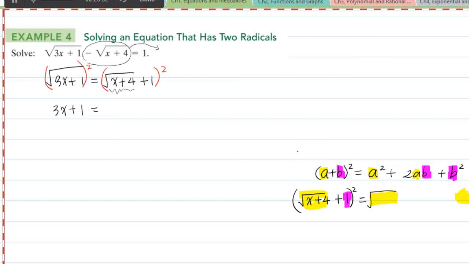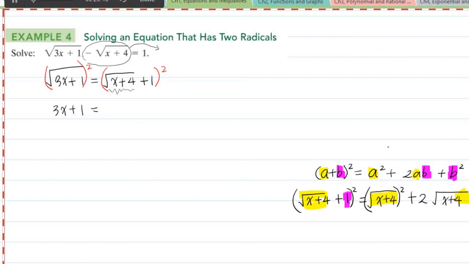So a is square root of x plus 4. Don't forget, it says a squared, and then plus, I'm just going to follow the formula, 2 times a, again square root of x plus 4. This is my a. I'm going to fix the color to see a little bit.